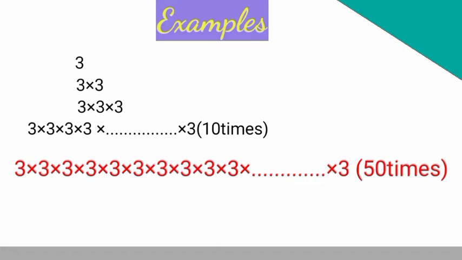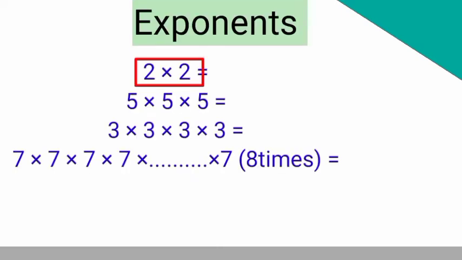Therefore, mathematicians have introduced this method. As you can see here, this 2 multiply 2 can be written as 2 raised to the power 2. If power is 2, you can say this is 2 square. Clear?